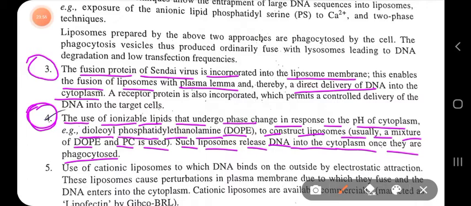For this we have to use ionizable lipids, which will undergo phase transition, or phase change, in response to the pH of the cytoplasm.